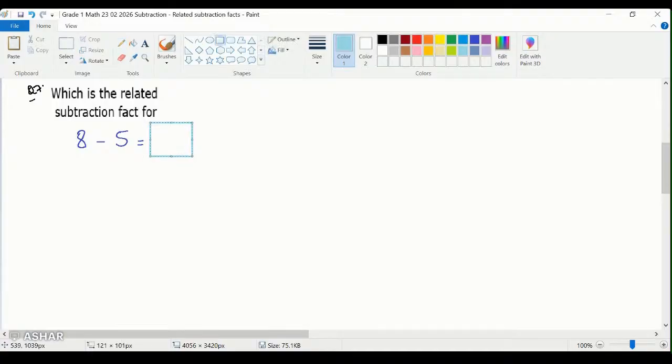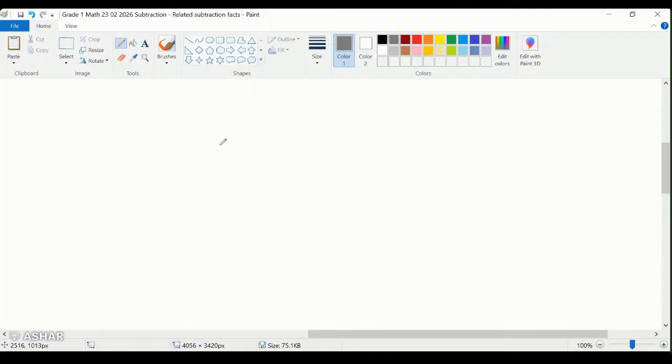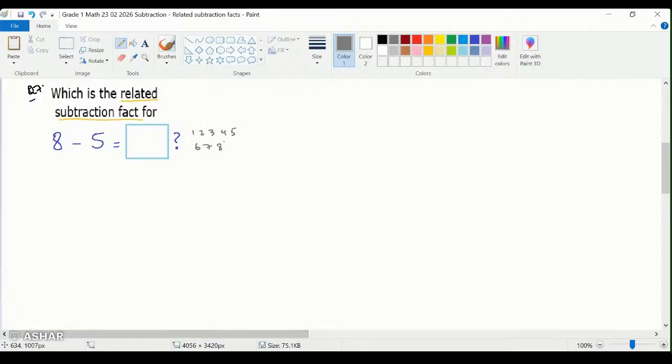It's a missing value, and we need to find the subtraction related fact for this given equation. First we have to find the difference of these two numbers. What is the difference of 8 and 5? 1, 2, 3, 4, 5, 6, 7, 8. 8 minus 5 means we need to subtract 5 numbers. 1, 2, 3, 4, and 5. We are left with a 3.